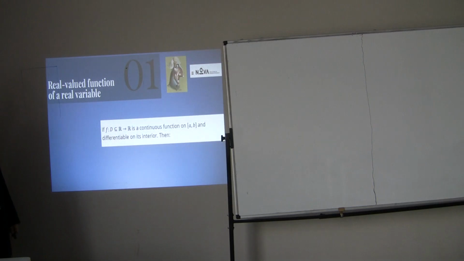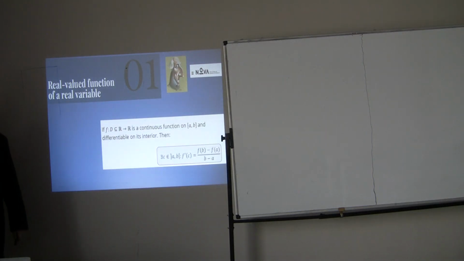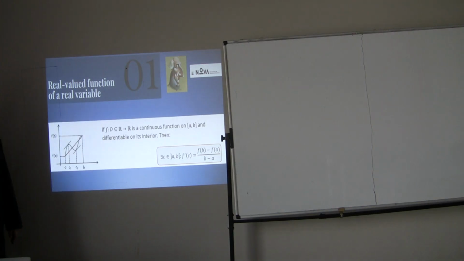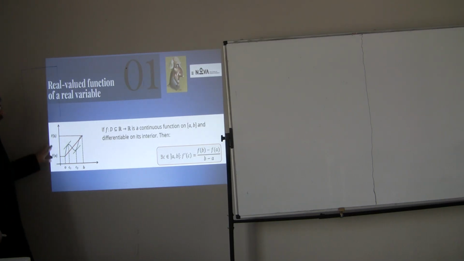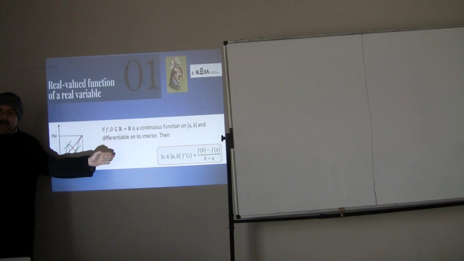The mean value theory is one of the important theories in general, as it has a lot of applications. It's very, very simple. It states that if I have a function which is continuous, number one, and number two, differentiable, so it has two conditions, you have to be sure about them in order to get advantage from using the theory.